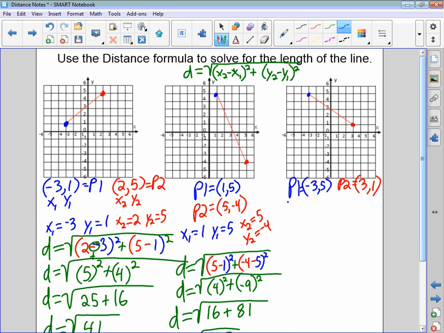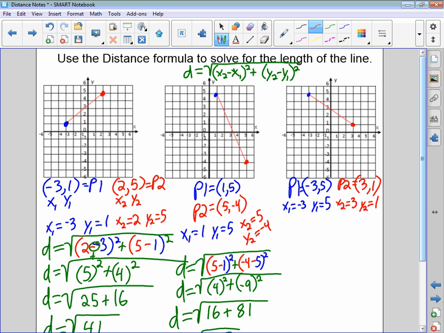That makes x1 negative 3, y1 5, x2 3, and y2 1.